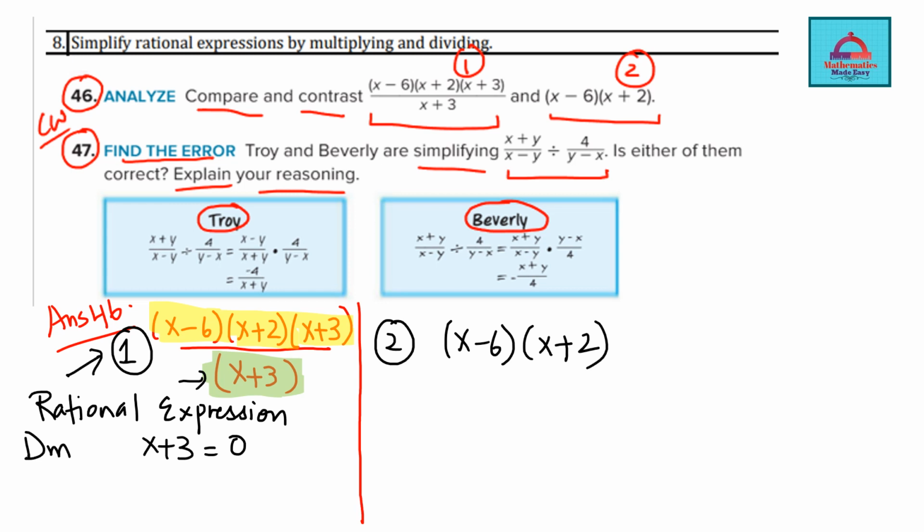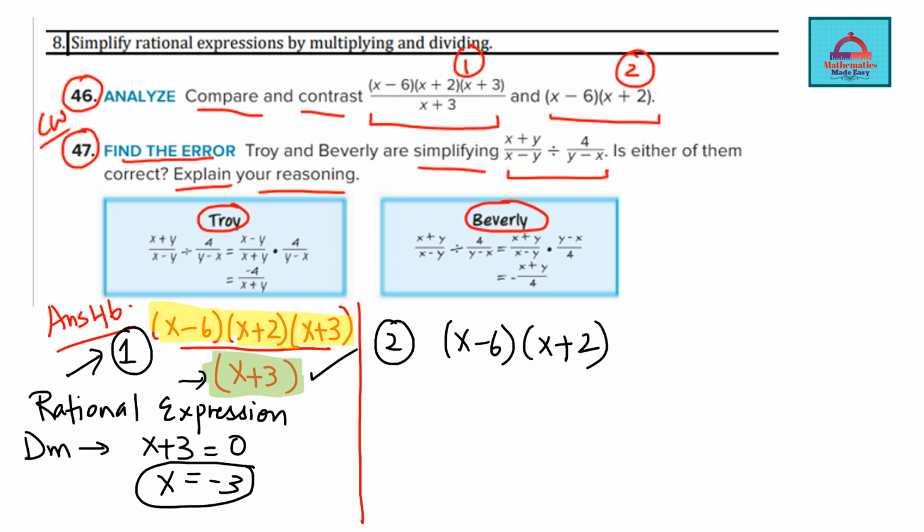Whenever you have a rational expression of the form numerator divided by denominator, remember it will be undefined at the point where the denominator is becoming 0. So I subtract 3. Plus 3 minus 3 will collapse on the left side, and on the right side you're just left with negative 3. So this is the point. I can safely say that this rational expression number 1 is not defined for this value. Okay, let's come to the second one.